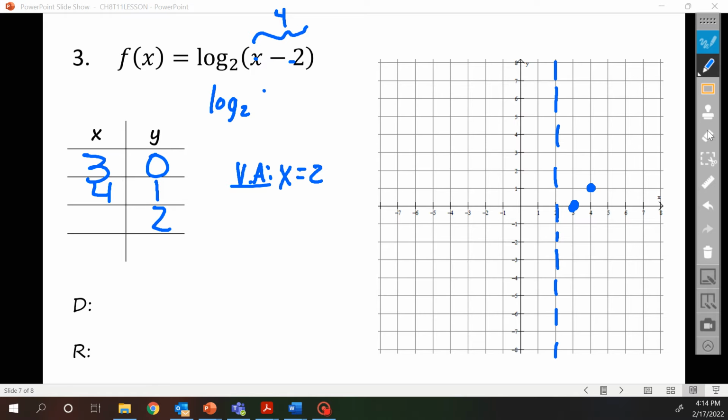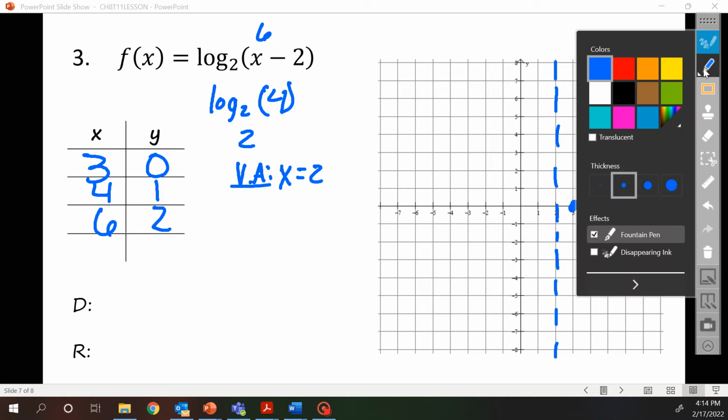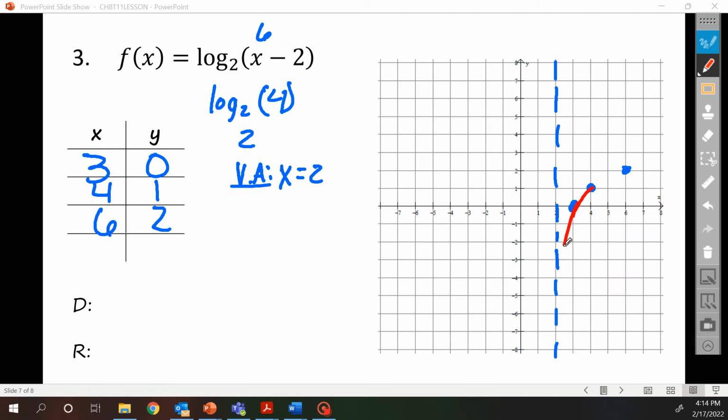So plugging in 6 gives me log base 2 of 6 minus 2, so a 4, and log base 2 of 4 is 2. So 6, 2 is right here. I can connect these points. And this is my graph. As we can see, it has a domain from 2 to infinity, because the asymptote's at 2 and it goes to infinity, and the range is negative infinity to infinity.